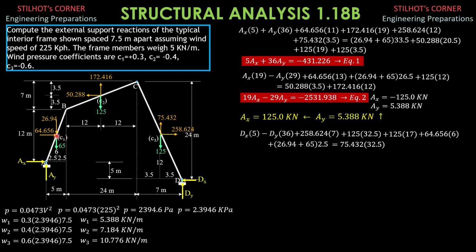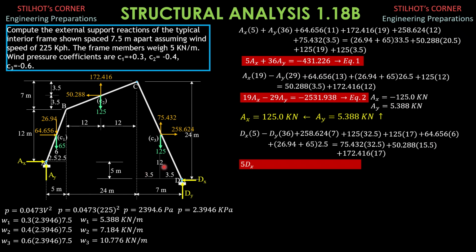Then plus 64.656 times 6. Then plus these two combined quantity, 26.94 plus 65 times 2.5. Then equals 75.432 times 29 plus 3.5, 32.5.